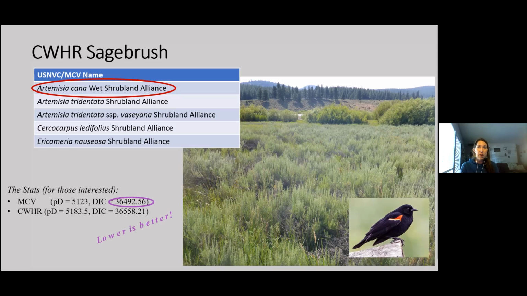So we assessed the models using the MCV classification, and also the CWHR. And we found that the MCV classification models received more support than the CWHR did.